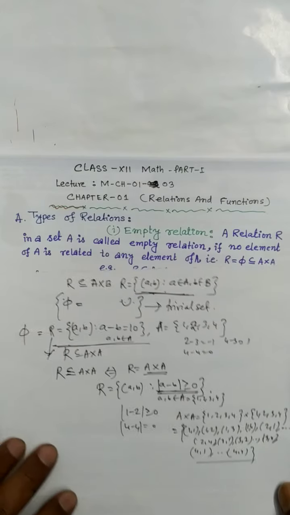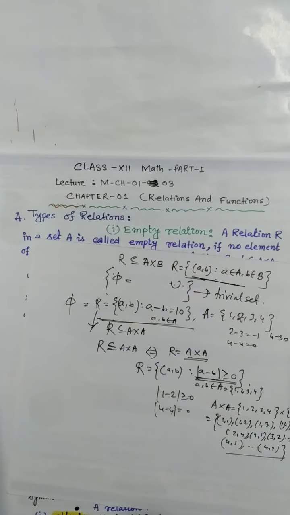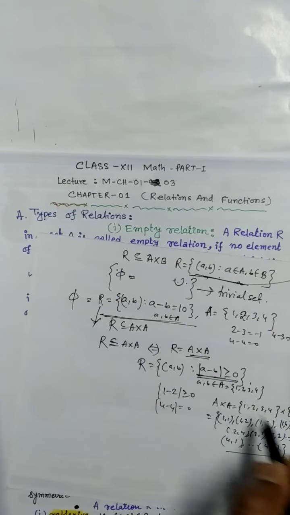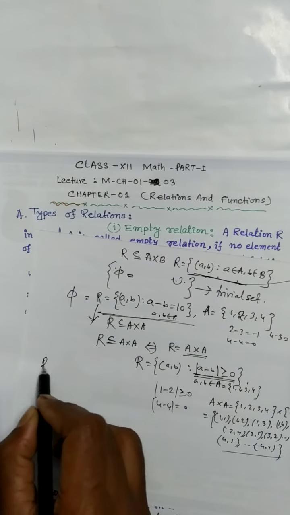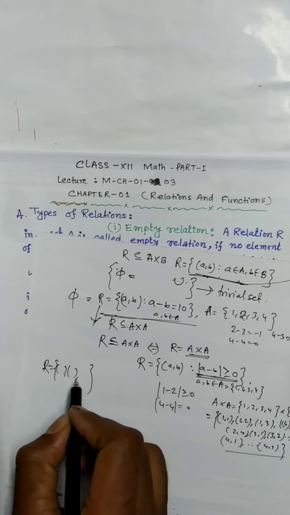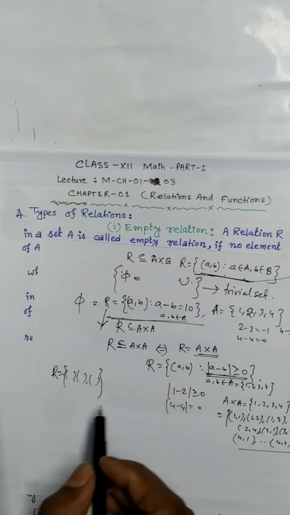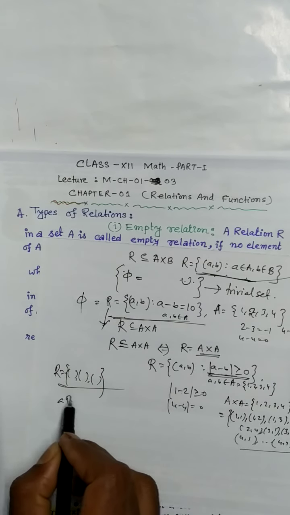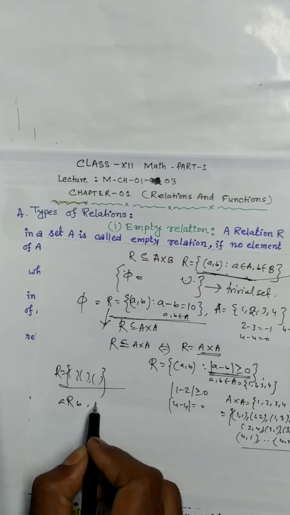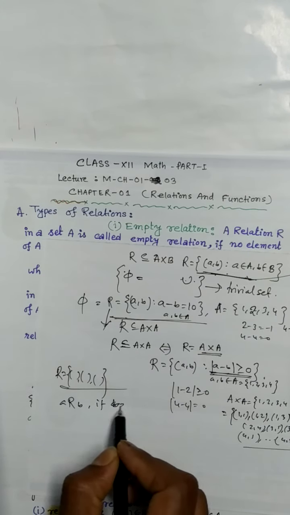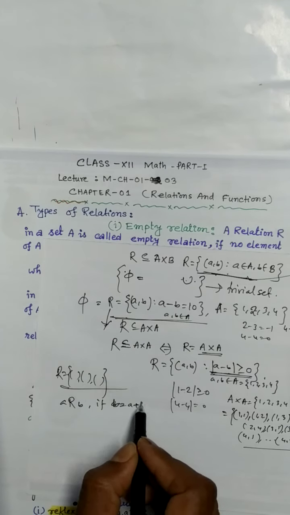Then we will see ways of representing a relation. We represent a relation by set builder form and by roster form. In roster form, every element will be written out. Sometimes we write it in this way also: a is related to b if some condition holds, like b equals a plus 1.